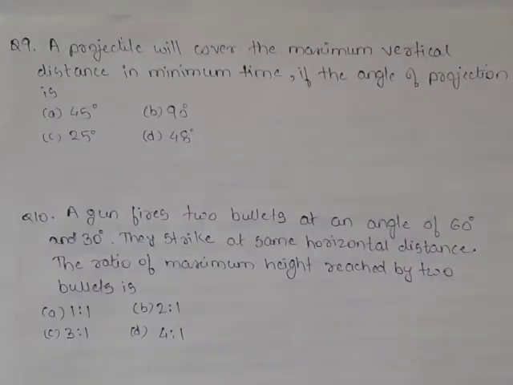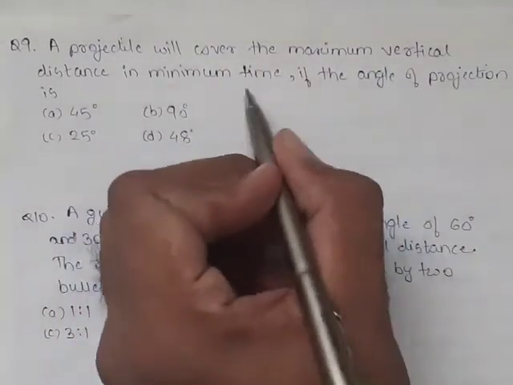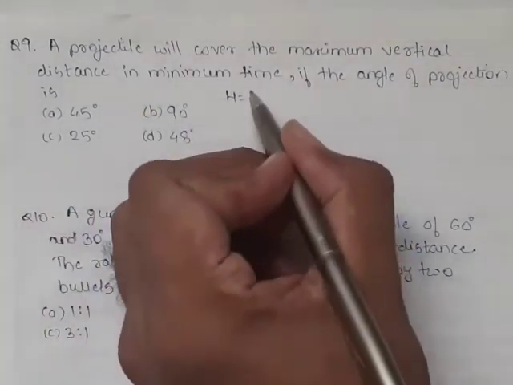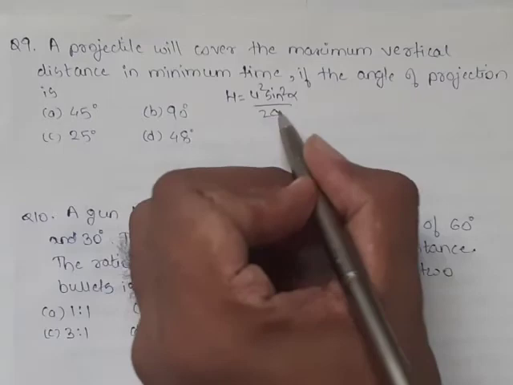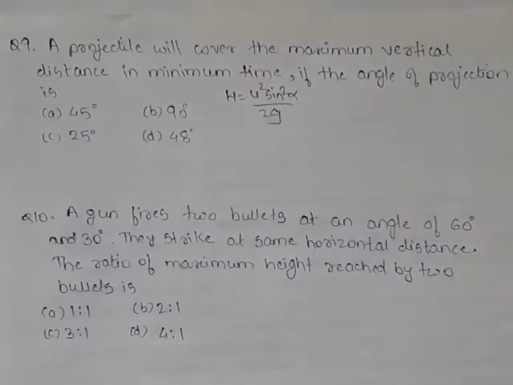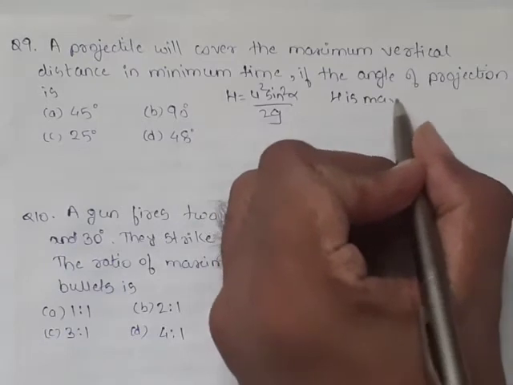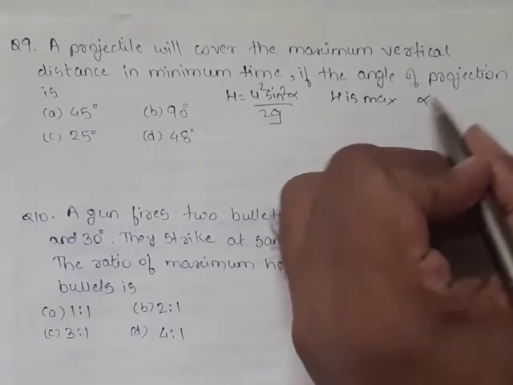A projectile will cover a maximum vertical distance in minimum time if angle of projection is. So now we know the value of H, maximum height. H is equal to u square sine square alpha upon 2g. H will be maximum when sine square alpha value is equal to 1.